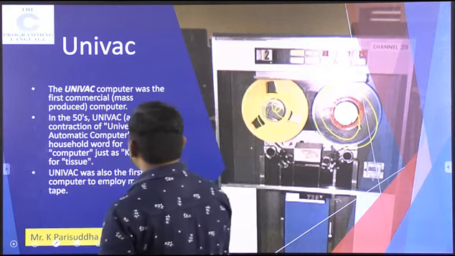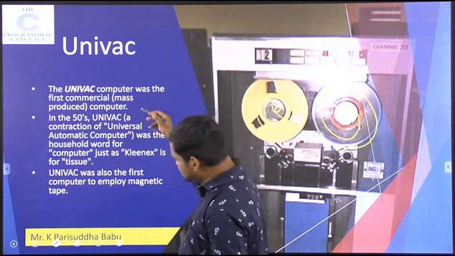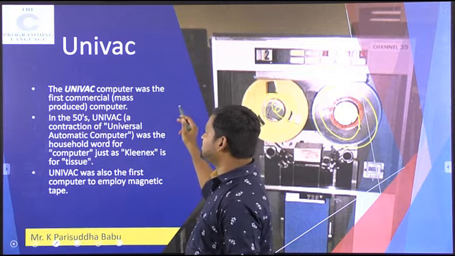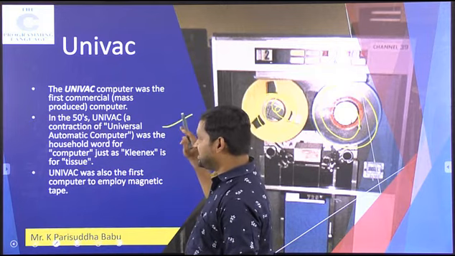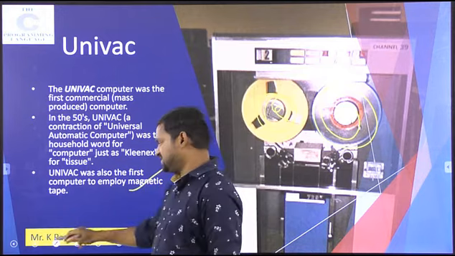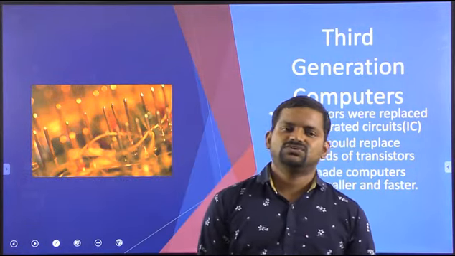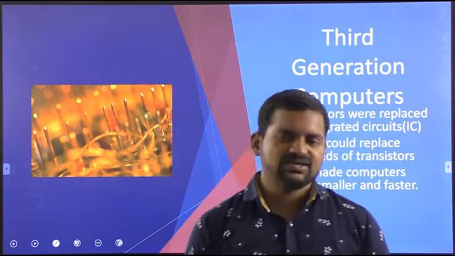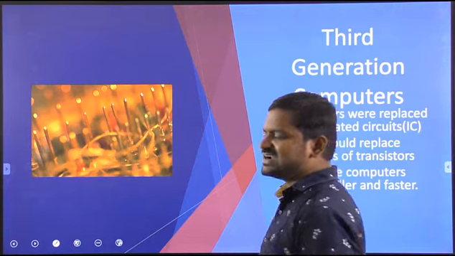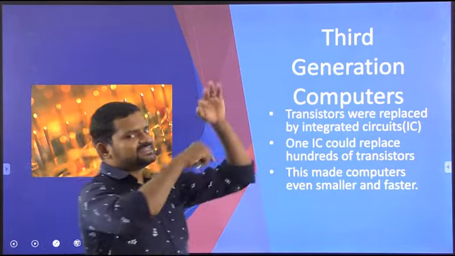UNIVAC was the first commercial mass production computer. In the 1950s, UNIVAC, the Universal Automatic Computer, was developed. UNIVAC was the first computer to employ magnetic tape to store information. That is the second generation.